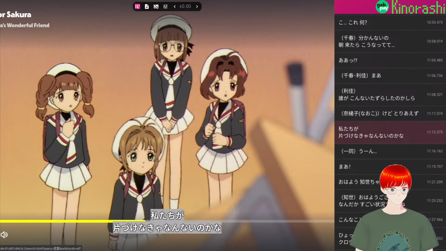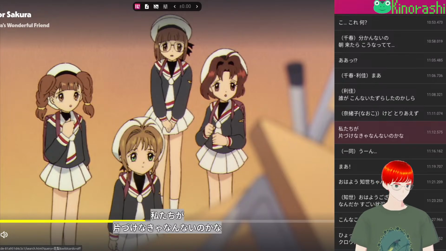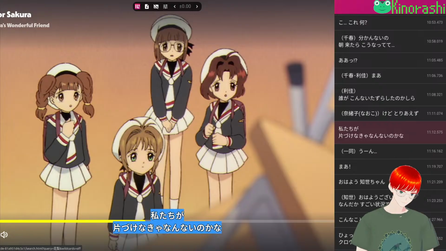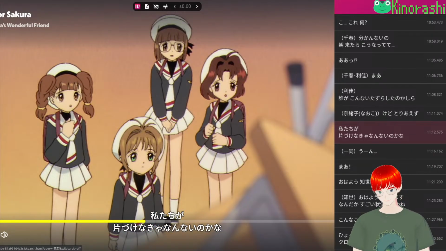So okay, no kana. This is a grammatical construct used to express a questioning or wondering tone. No turns the preceding clause into a noun. Kana is a particle expressing a gentle, uncertain question or speculation, similar to "I wonder" or "I guess." So together that would make 私たちが片付けなきゃなんないのか. In other words, I think it's trying to say we have to clean this up.